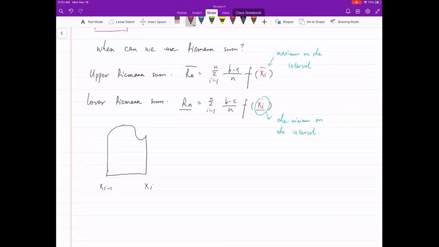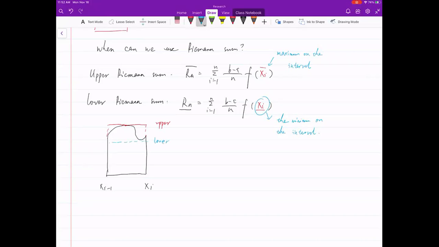So what Riemann did is, he just said, why don't we just always pick the maximum on each interval? Doesn't matter if it's the left point, right point, or some point in the middle. Let's just pick the maximum. Then we do it again, but this time we only pick the minimum. Upper, lower.